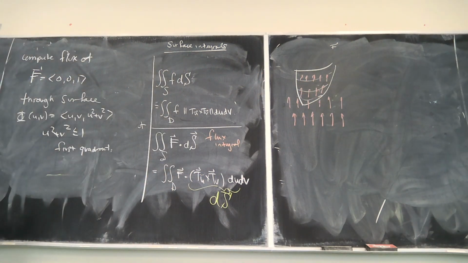What I'm asking is, if this was a fluid problem, what's the rate of the volume flow through that surface with that particular velocity? What's the volume of fluid passing through the surface?